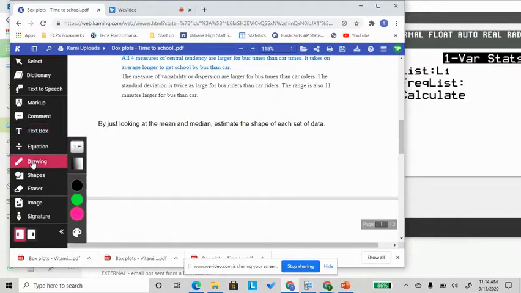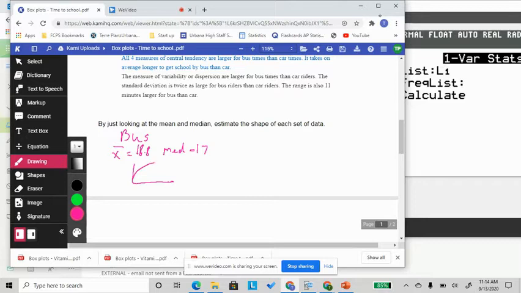For my bus times, the mean was 18.8, and the median was 17. And the mode is 18.